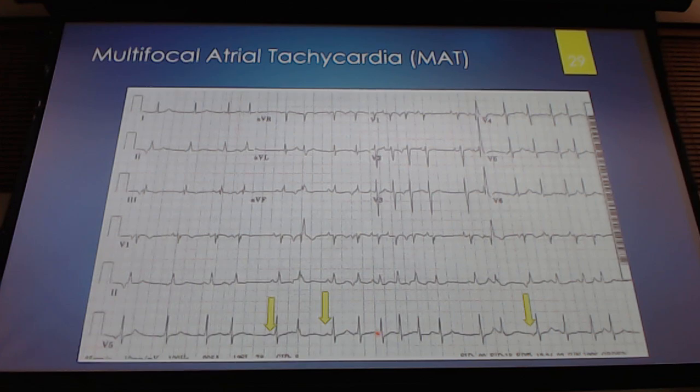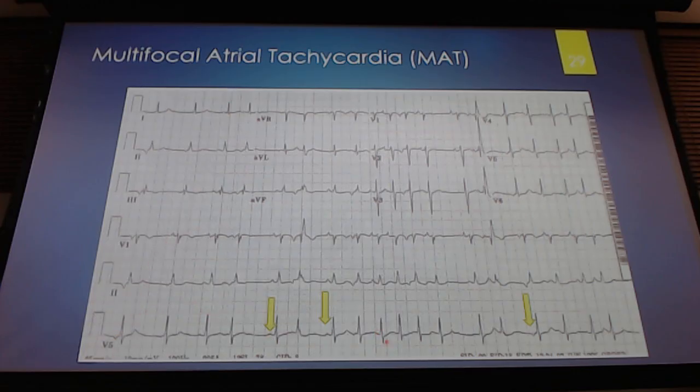Every time you have different foci that are depolarizing, it's going to change how your P waves look. For this, we have 3 or more different foci, so you're going to have 3 or more different morphology P waves that are going to be irregular in your rhythm, so your R to R is going to be irregular, narrow complex, and then you're going to see P waves, but they're going to look different.